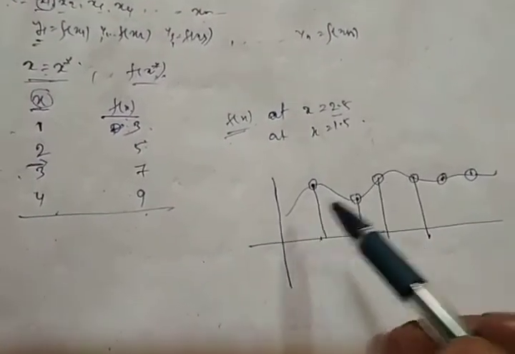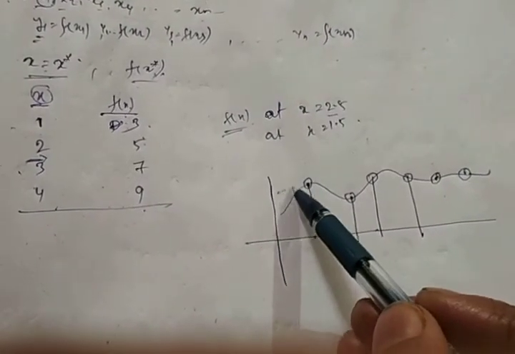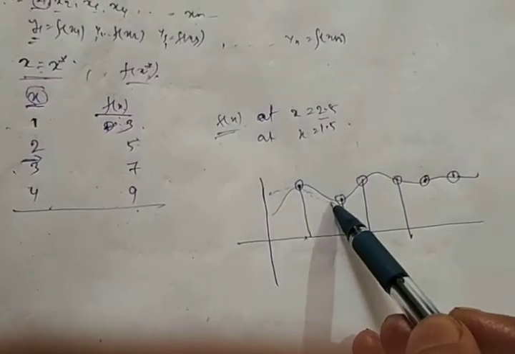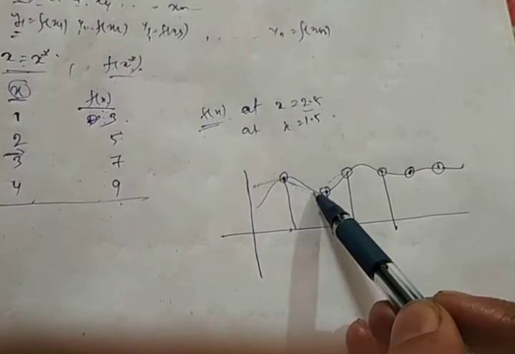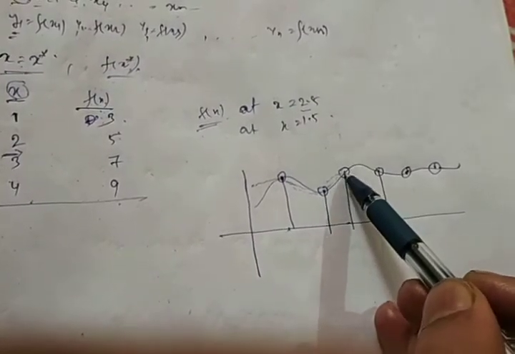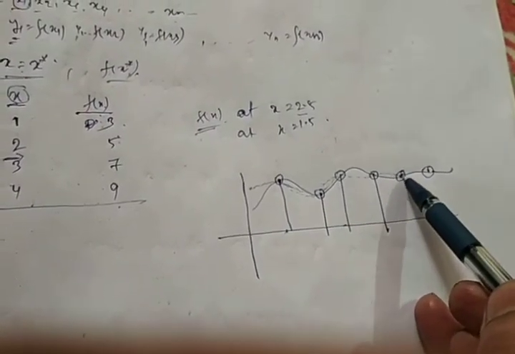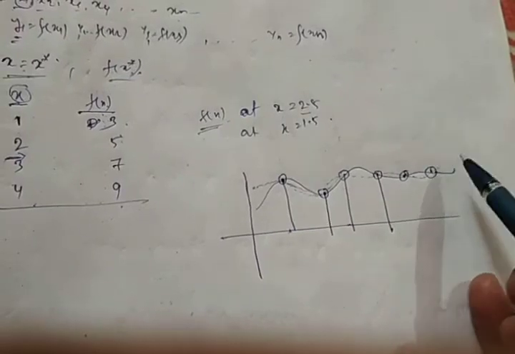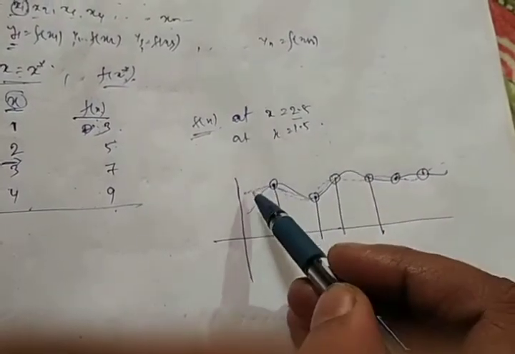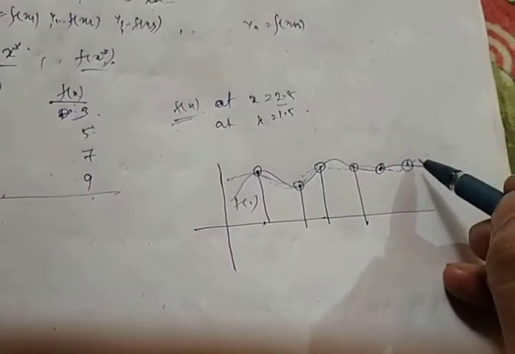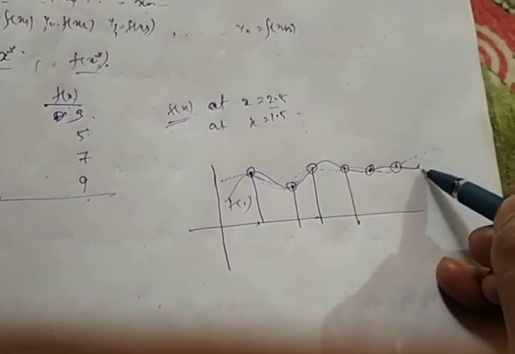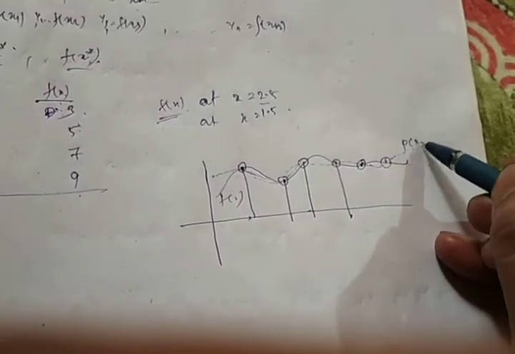Now we will try another function which we know and which has the same values as the given function. This is the given function f(x). We will approximate f(x) by a polynomial function p(x).